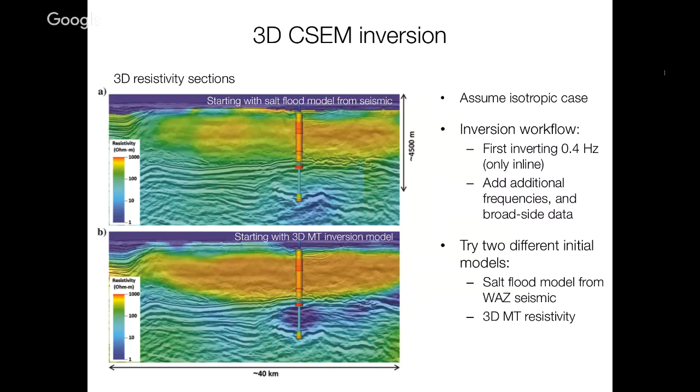So what they did is change the initial model. The first one, I'm going to take the same initial model that I used for the MT inversion. And the other one, well, I've already got the 3D MT resistivity model, so I'm going to use that for my CSEM inversion.